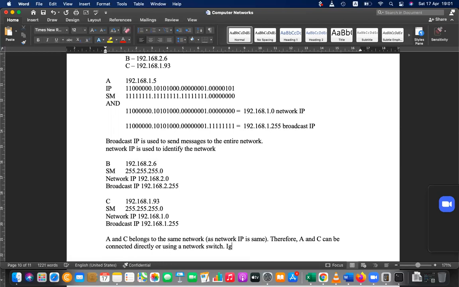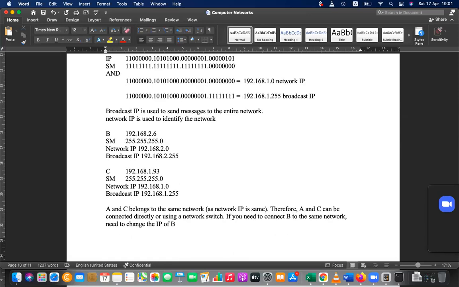If you need to connect B to the same network, you need to change the IP of B, or you need to change the subnet mask of all to 255.255.0.0.